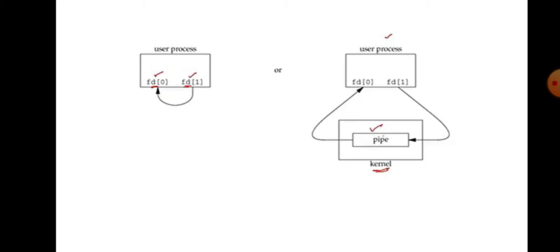This is like an open tap here, where writing of the data is done, which flows through the kernel via pipe, and it is read at the other end. Now this particular diagram has no real meaning, isn't it?